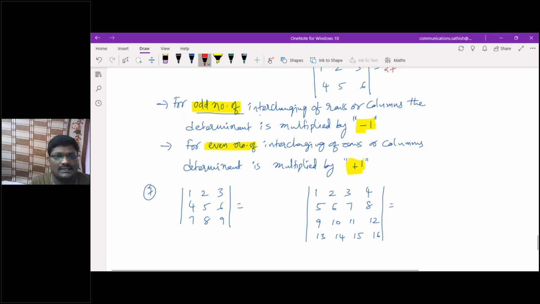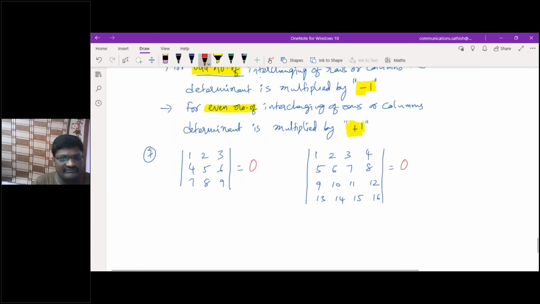Obviously you already calculated earlier that this is 0. If you observe the elements in the matrix, all the elements are consecutive, meaning continuous numbers: 1, 2, 3, 4, 5, 6, 7, 8, 9. If the elements in the matrix are consecutive or continuous numbers, then the determinant of the matrix is 0.